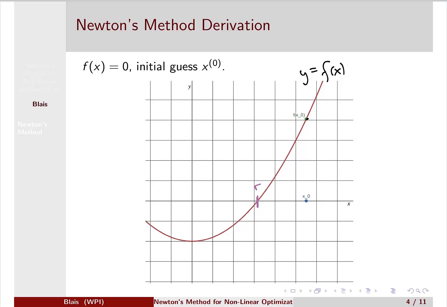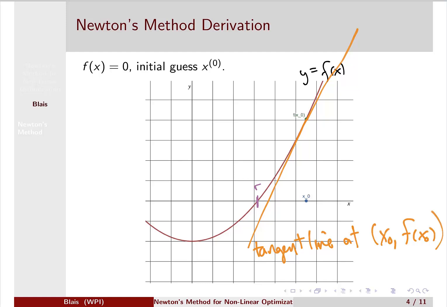So let's think about the tangent line at this point, x naught, f of x naught. So let's form the tangent line. If we draw it, we will get something like this. So this is our tangent line at the point x naught, f of x naught.